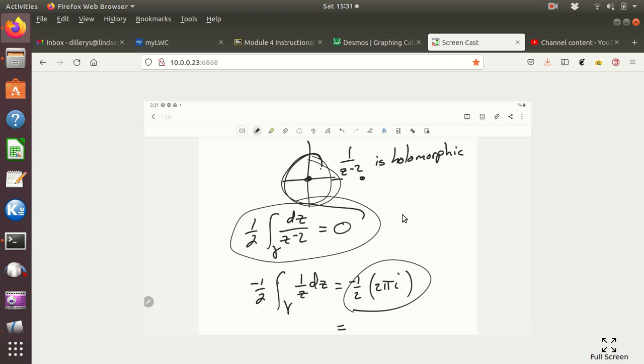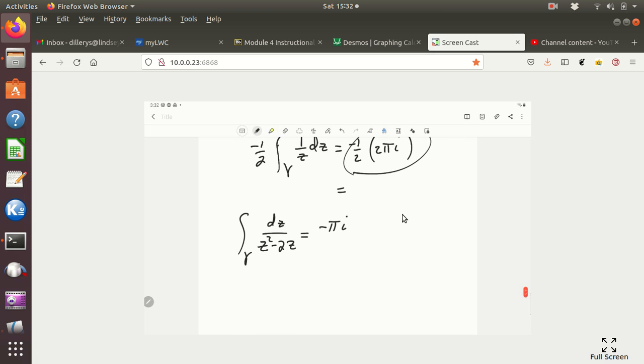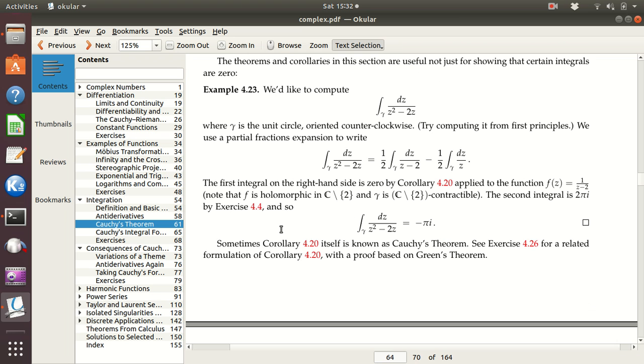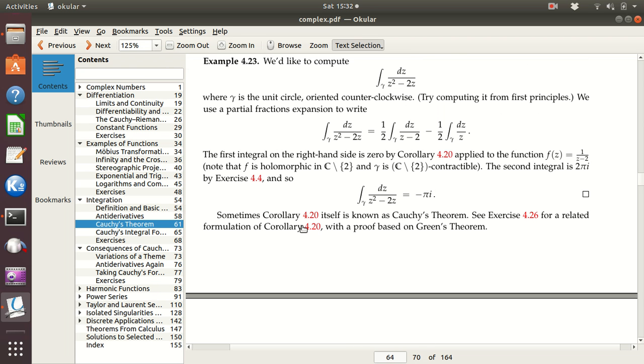We did need to know that it didn't contain the number 2, but it did not, and so that was 0, and we get that for our solution. Okay, so that is the idea, and we are next up to Cauchy's integral formula. Okay, so we'll stop there.